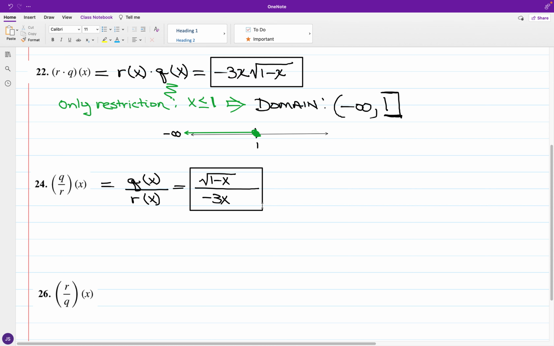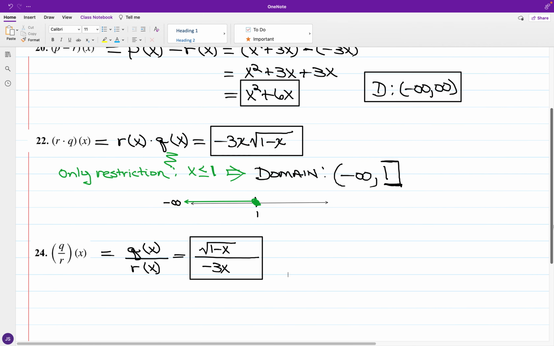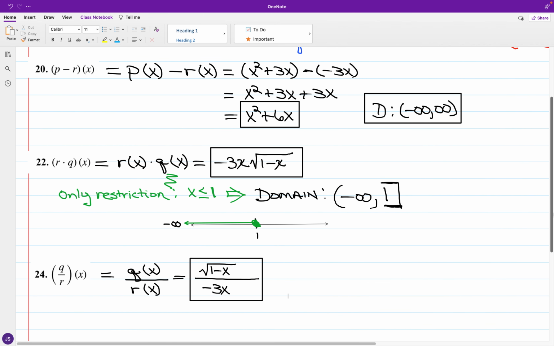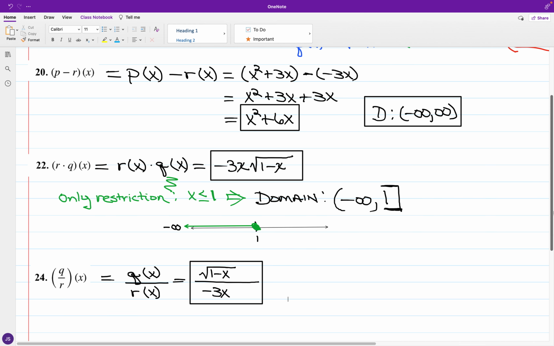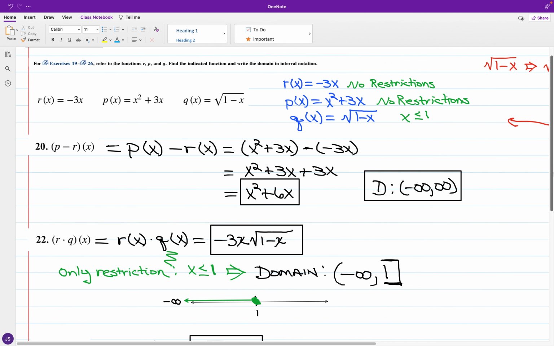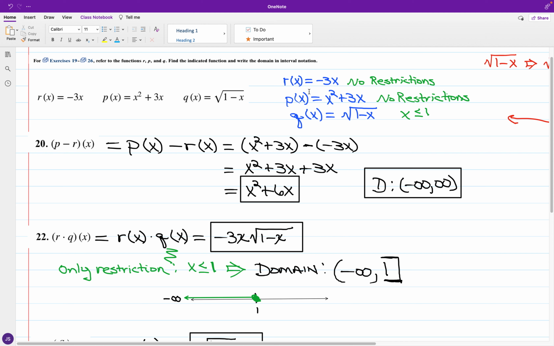Now for the domain, there are some needles to thread. First of all, we had the functions involved. Now we have q of x and r of x. Now, in direct terms, r of x has no restrictions.